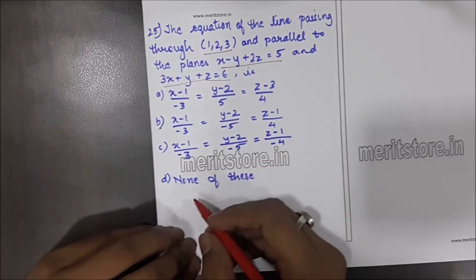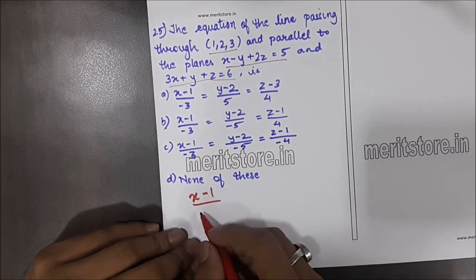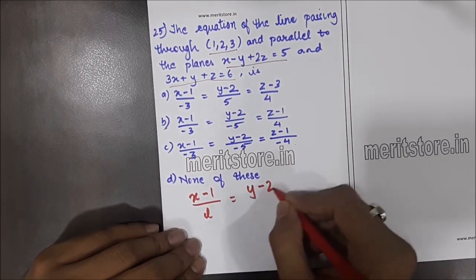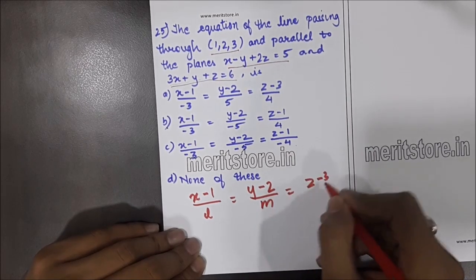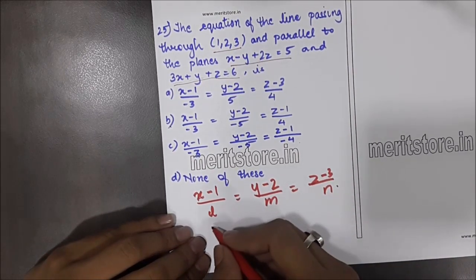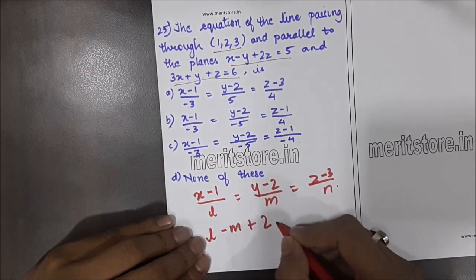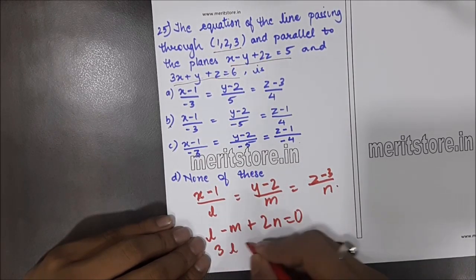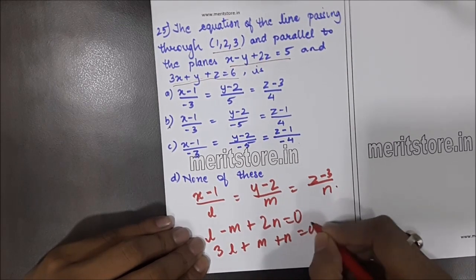So we know that (x - 1) upon l equal to (y - 2) upon m equal to (z - 3) upon n. So here we get l - m + 2n = 0 and 3l + m + n = 0.